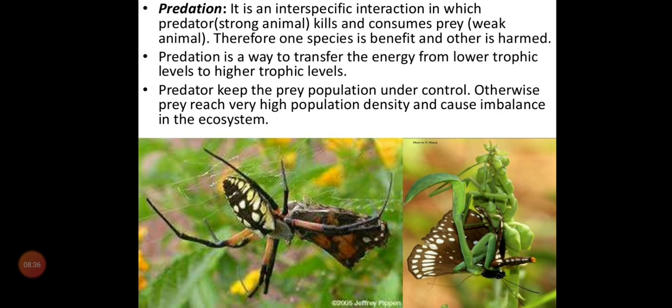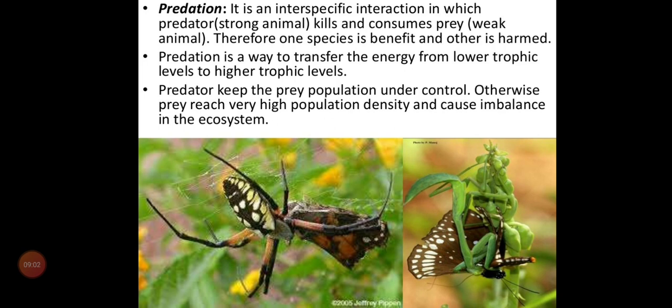Predation is very important to transfer energy from one level to another. Imagine if the deer is not predated by the lion, what would the lion eat? So the energy channel is predation, and also to control the deer population, it should be eaten by the lion or by third level consumers.